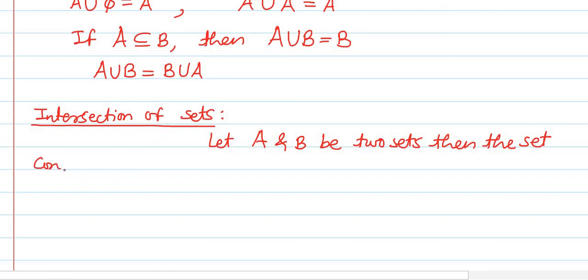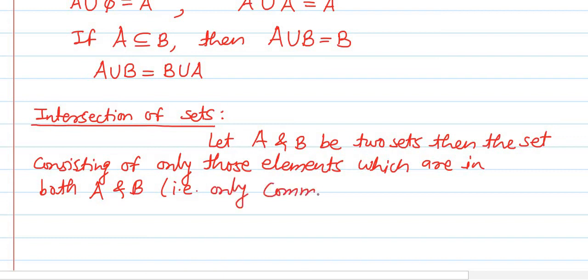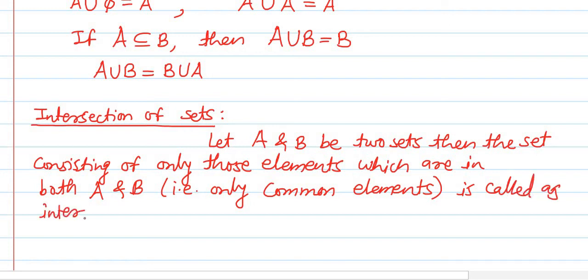Then the set consisting of only those elements which are in both sets A and B, that is, only common elements, is called the intersection of A and B. And it is denoted by the symbol A intersection B. Like such, we have the intersection of two sets.